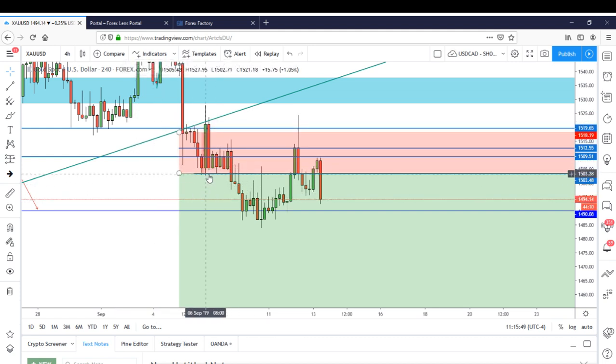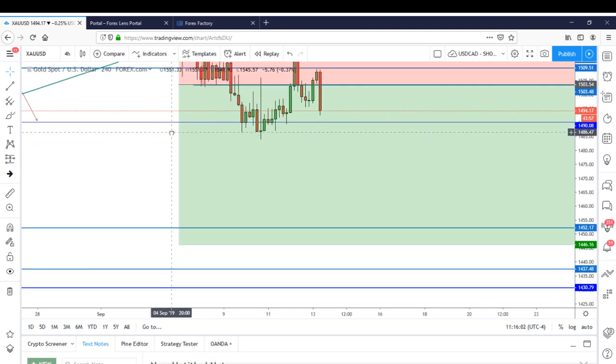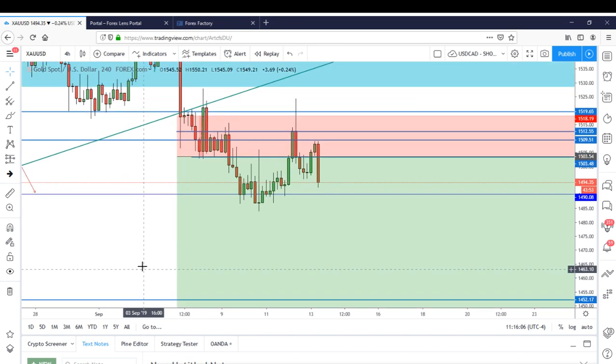So we waited, as gold actually created support on the hourly right above 1503. What happened was we were waiting for a break on the lower time frame to short it to potentially all the way down to 1452. However, the furthest we got was right around 1484.